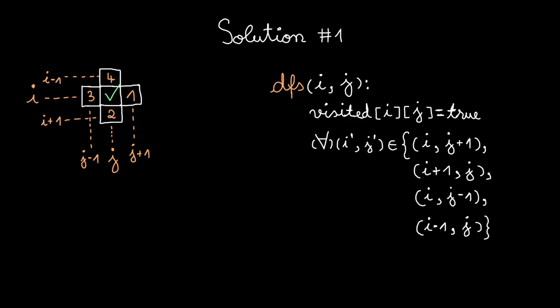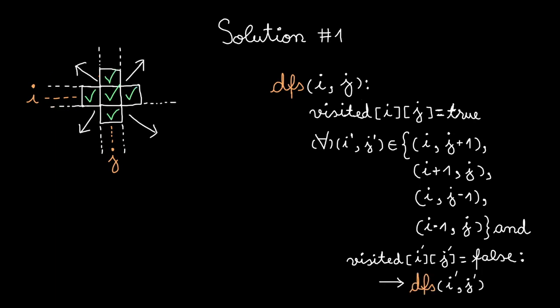So make sure that the neighbor's row and column are within the boundaries. For each valid neighbor, which also has not been visited yet, we make sure to expand the discovery process of the island by calling DFS with i prime and j prime as the argument. In this way, each cell of the grid which is equal to 1 is visited exactly once.